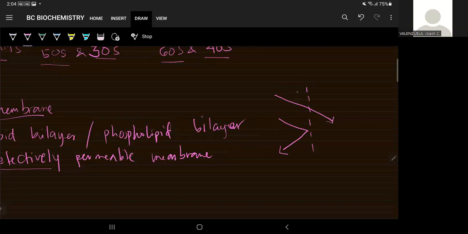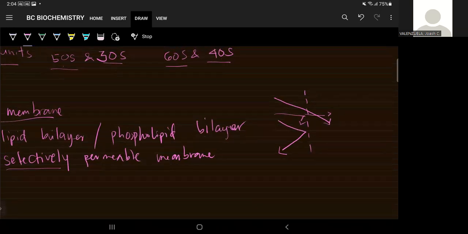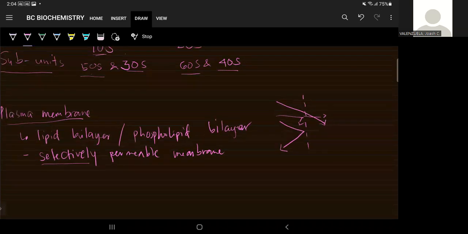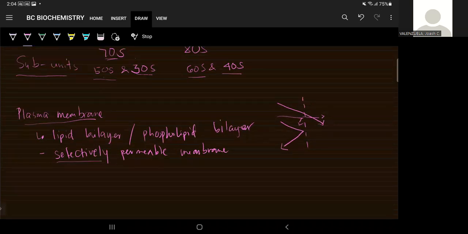Then kung semi-permeable, then therefore there might be parts na pwedeng magpasok, there might be parts na pwedeng hindi. Okay? So kaya selectively permeable, no? So it depends. So again, our plasma membrane is a selectively permeable membrane.